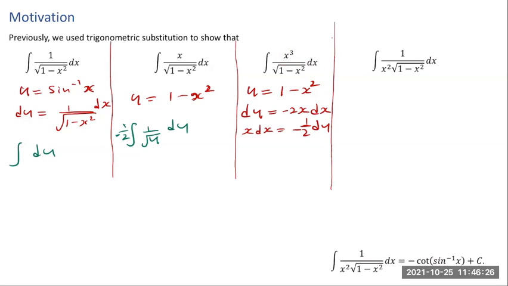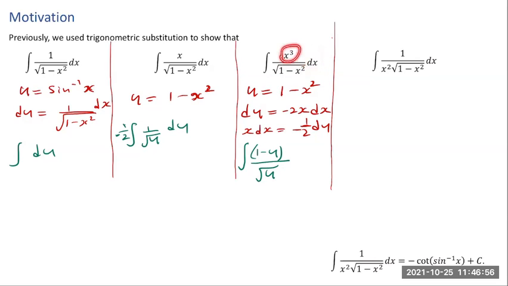What about x squared? How do you handle x squared? Well, this will answer that question. x squared is 1 minus u. From this equation, x squared is 1 minus u. So my original integration becomes 1 minus u, that is for x squared, divided by square root of u. Remember, this is u, I put u there, square root of u, and then x dx.